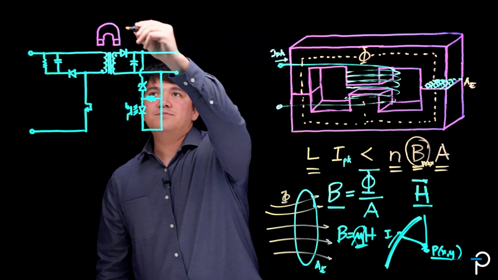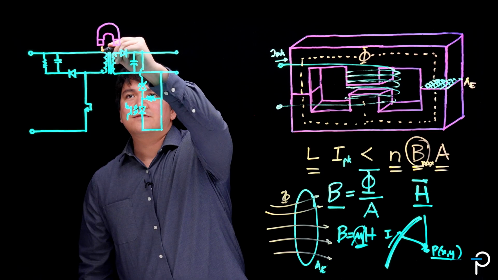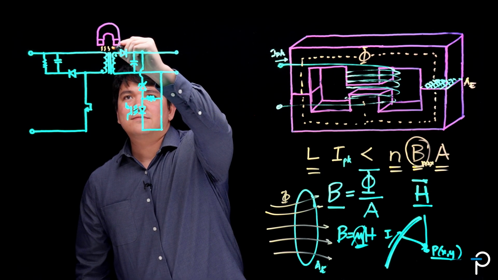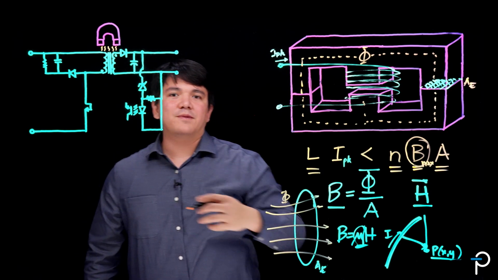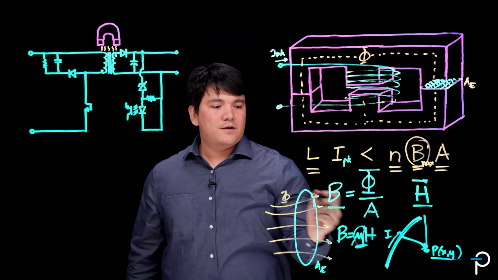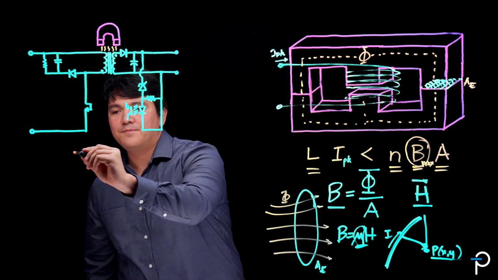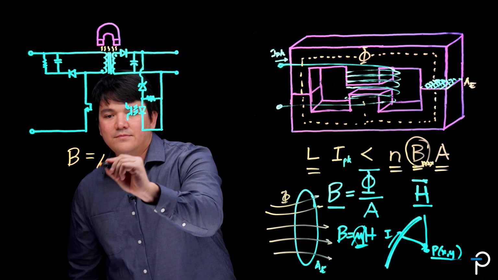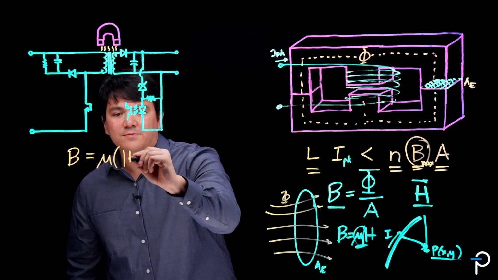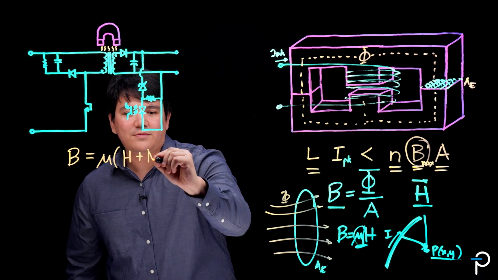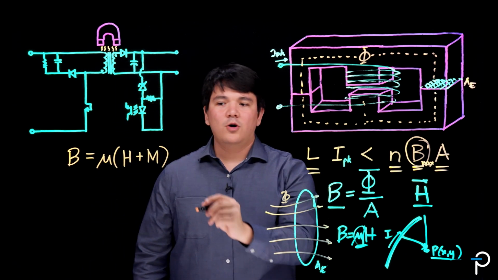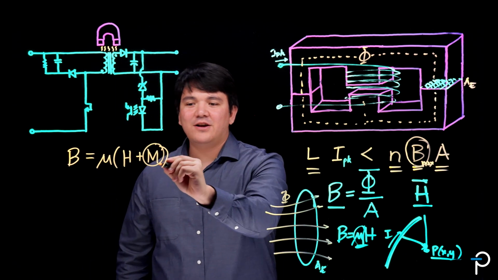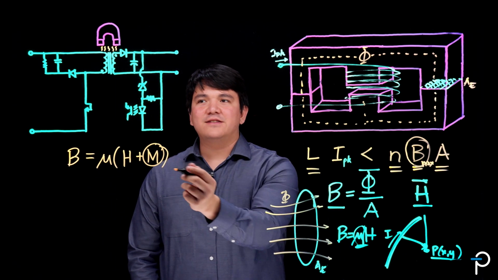Going back to how a permanent magnet would impact an already operating power supply, your equation for the magnetic flux density becomes something like this, where M here is the magnetization.